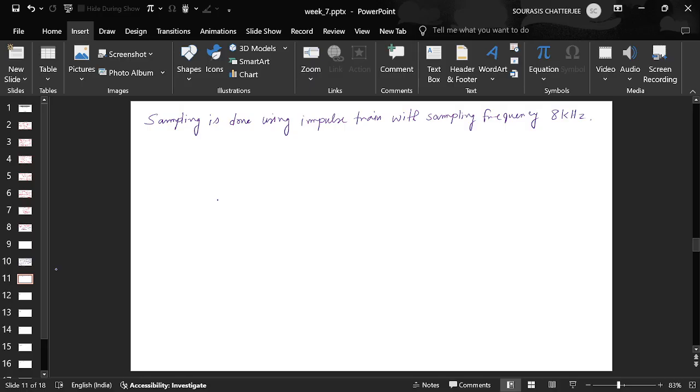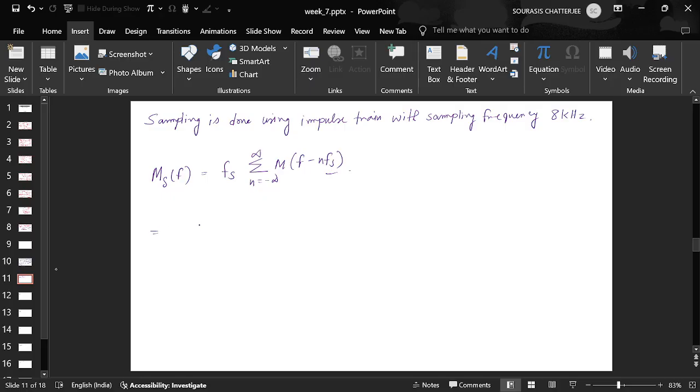If we call it M delta(f), the spectrum of the sampled signal, the expression is fs times the sum over n of M(f minus n fs).